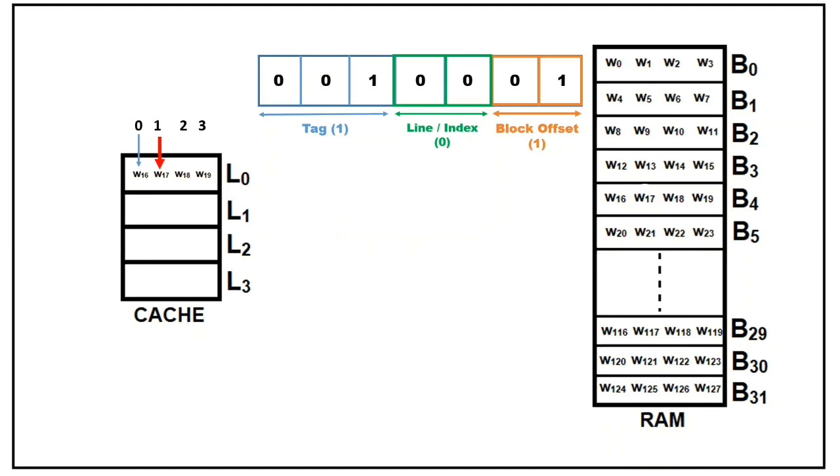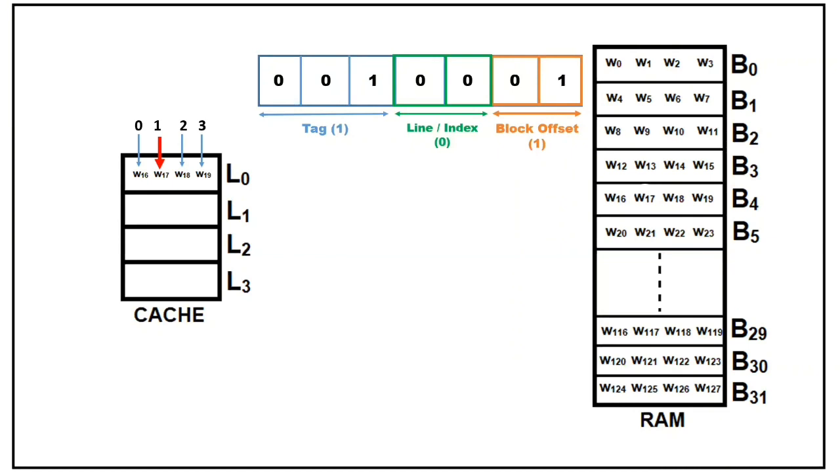Here W16 is the 0th word, W17 is the 1st word, W18 is the 2nd word, and W19 is the 3rd word. So the block offset is 1.